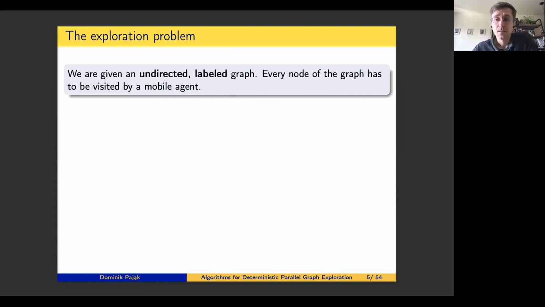The objective is to visit every node of the graph by some agent.